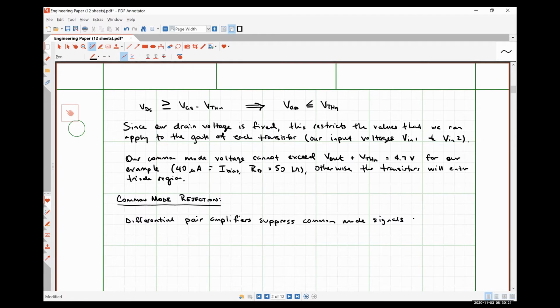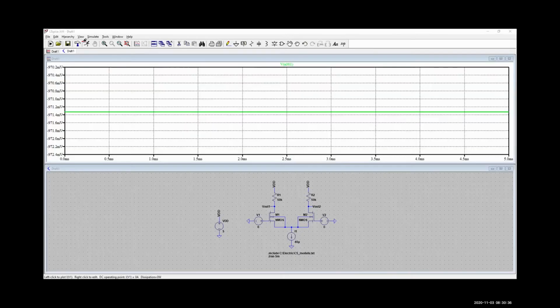Okay. So we saw that when we have 0 volts at both inputs, there is no difference in our output. Now, let's see what happens if instead of having 0 volts at each input, we put 1 volt at each input, right?